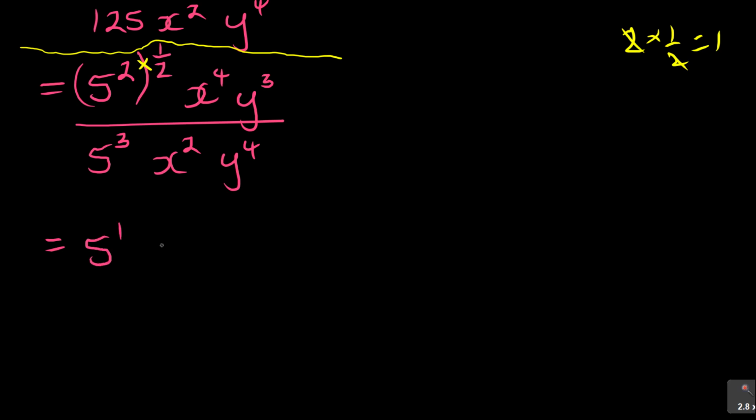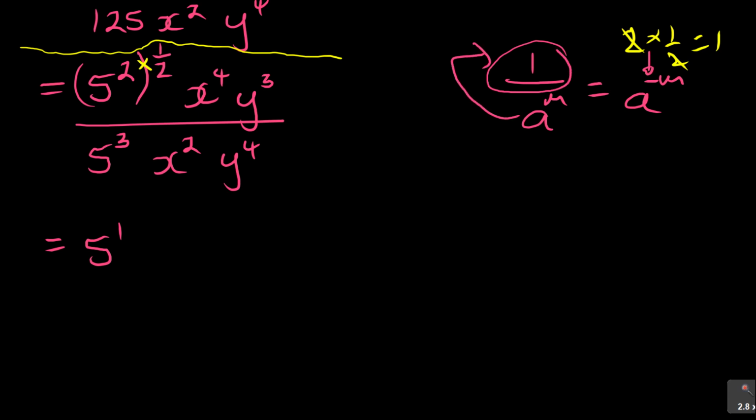Now look at this. This is where you use the laws of exponents. Remember, 1 over a to the power of m is equal to a to the power of negative m. If I want to remove this division and take this to the top, I introduce a negative sign.